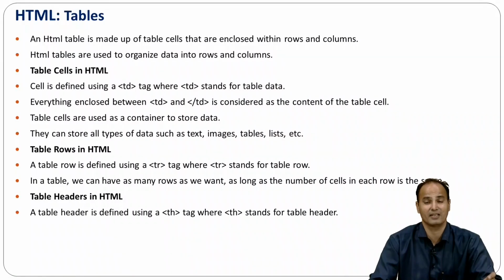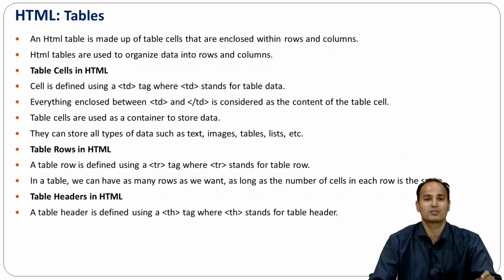Table cells in HTML contain data, and these cells are very important, as sometimes we need the cells to be highlighted for specifying a particular value through the background color or the foreground color, or sometimes we need to club such cells. A cell is defined using the TD tag, where TD stands for table data.